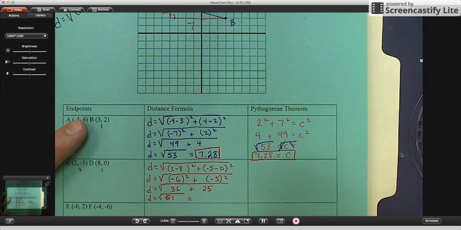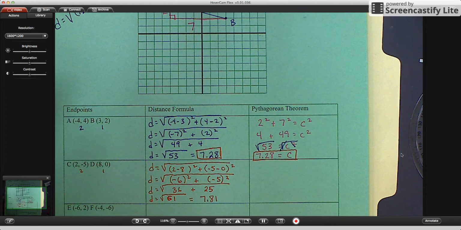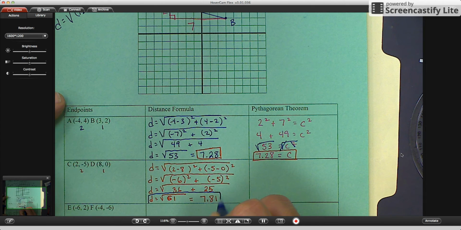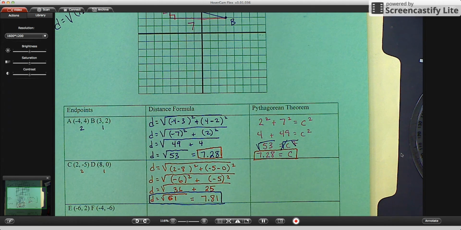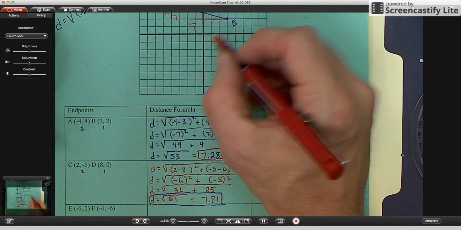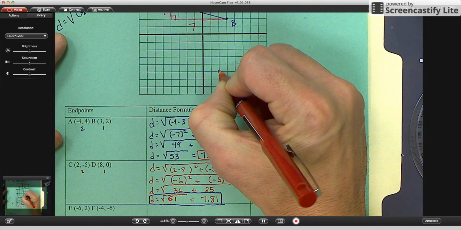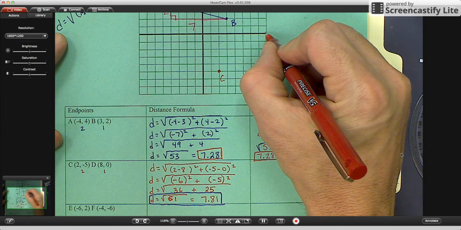Excuse me, sorry. And that would be our answer for the distance of that line. If we're going to use the Pythagorean theorem, we're going to plot the points, which is what I would do. 2, 1, 2, 3, 4, 5, -5, this is point C. Point D is 8, 0.